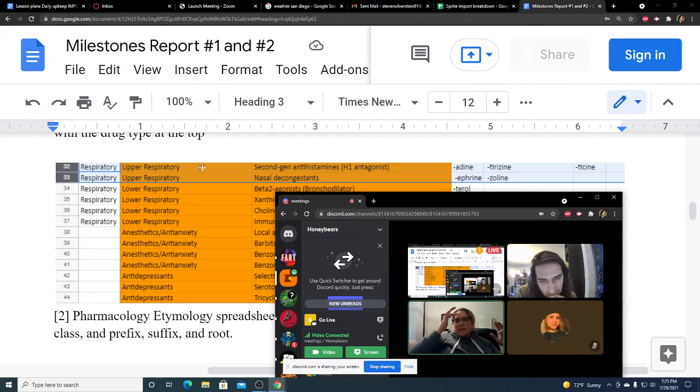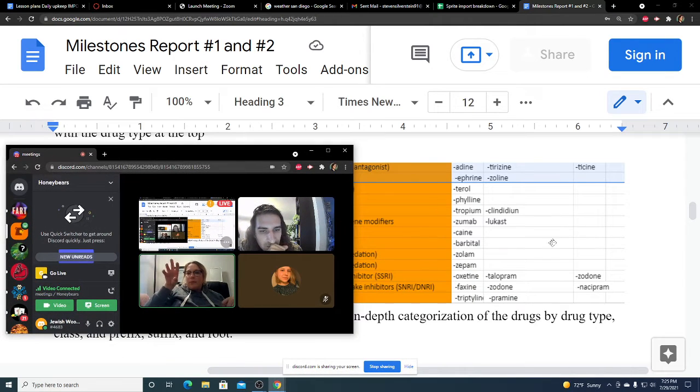So the easiest one for me is the beta blockers. So if it's one of the alol, the suffix with alol, then the learner will see like heart, high blood pressure on there.